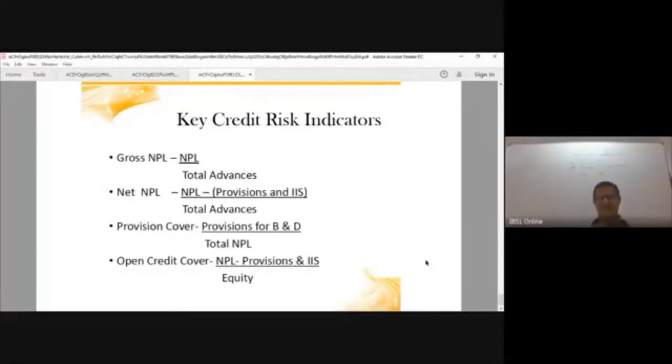So it's very important that we understand these four ratios as key credit risk indicators, and through these key credit risk indicators we provide information to the board of directors of the bank.